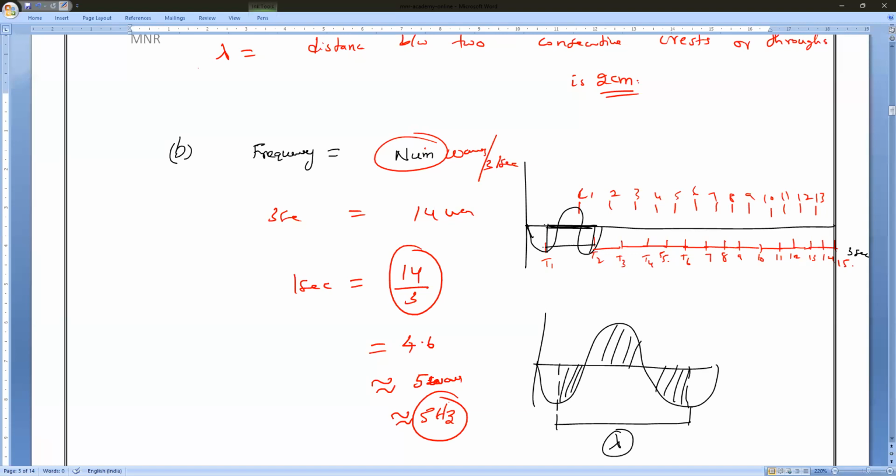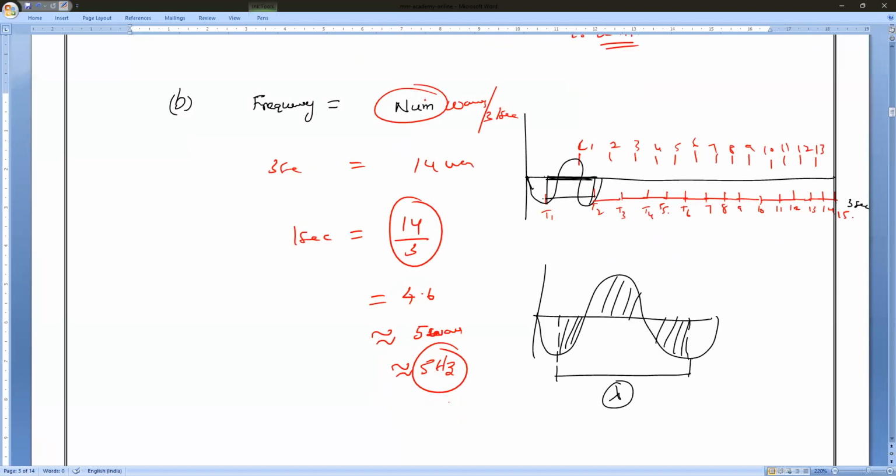5 hertz. So then, what is the wave speed? What is the wave speed formula, everybody? Wave speed is equal to wavelength into frequency. So what is the wavelength? 2 centimeters.